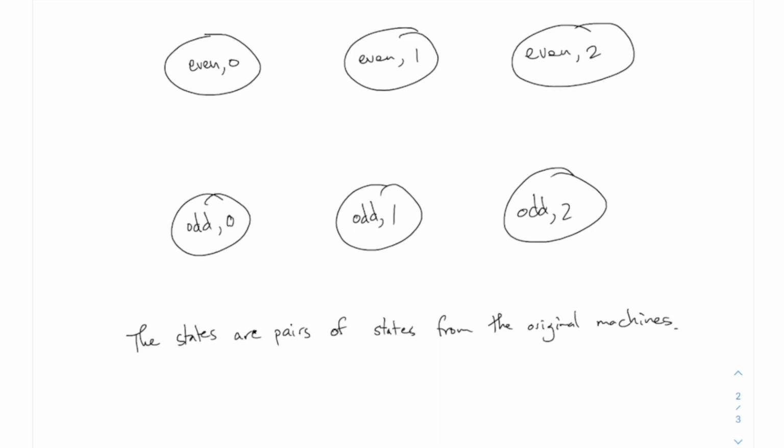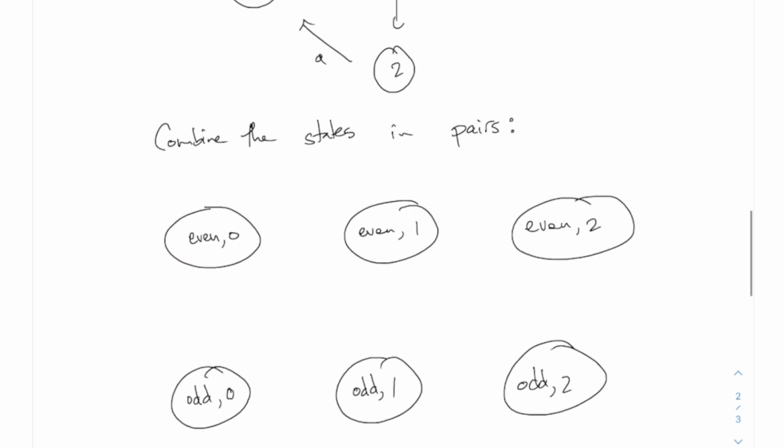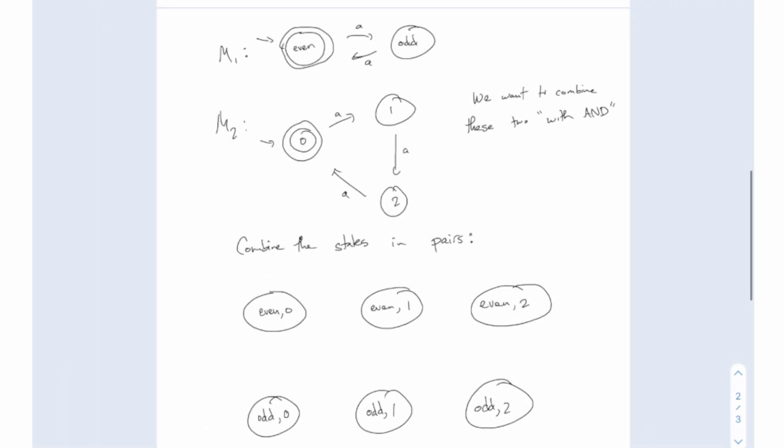How do we draw in the arrows? Well, we are going to draw the arrows. Let's say, look at this one, starting even and 0. I don't think I can hold it all on the screen at once. Maybe if I scroll it out. Yeah, that's all right. Starting even and 0, where's the arrow? Well, the alphabet here is still going to be just A. So all of my arrows are going to be labeled with A's.